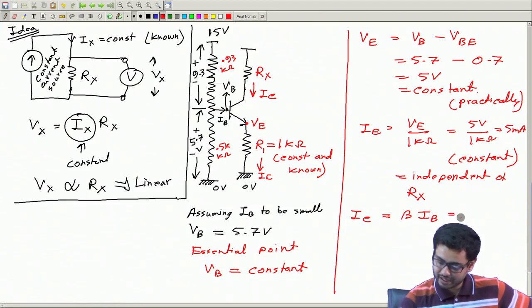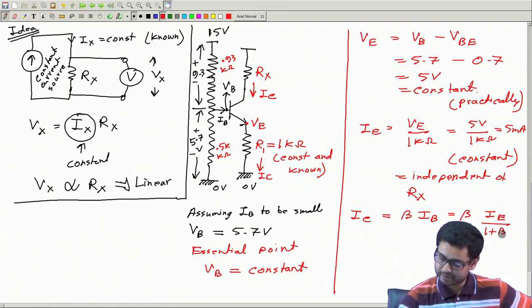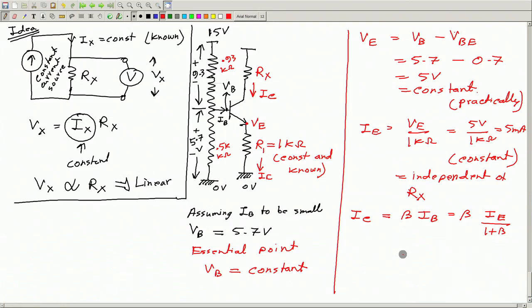So in place of IB I write IE divided by 1 plus beta, because IE is 1 plus beta times IB. So you see, beta is a constant and IE is a constant. So this is constant. Okay. So IC is a constant.